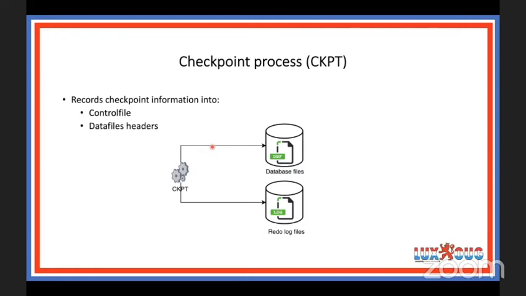So when a commit happens, the system change number increases, so that all data blocks less than or equal to the system change number are known to be written out to the data files. If there is a failure and subsequent cache recovery is needed, only the redo records containing changes higher than the checkpoint need to be applied during the instance recovery process.